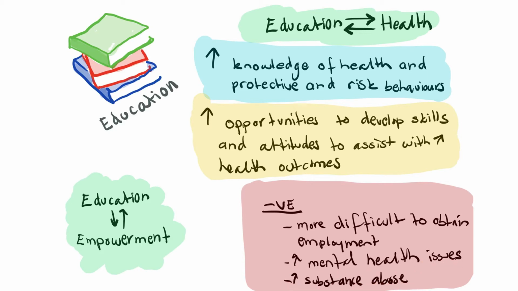And so when we look at this, you can see that there's a direct correlation between the fact that those who are educated are more empowered and less likely to engage in risk-taking behaviours, whereas those who don't have education or choose not to engage in higher levels of education have a lot of factors playing against them in relation to positive health outcomes.